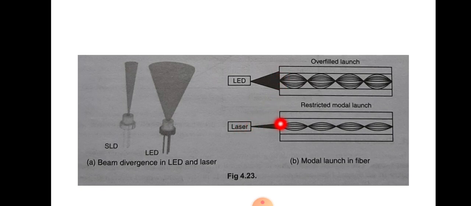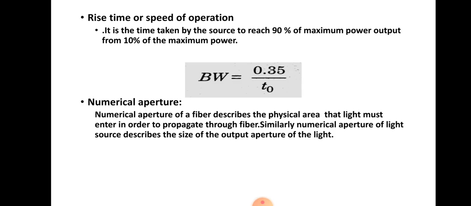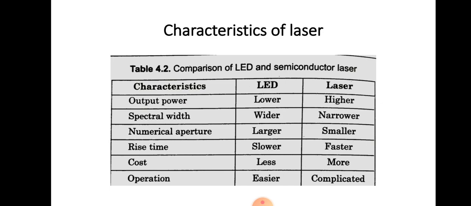The laser has a smaller numerical aperture, so the complete light output from the laser will pass through the fiber, and a good output will be obtained at the output of the fiber. So the laser has a smaller numerical aperture compared to the LED.